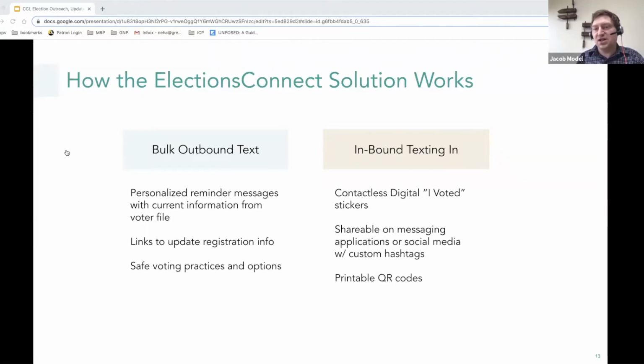And because you're doing this through text message, in order to get this sticker, it's contactless. And you can also customize that in a number of ways, through custom hashtags or other messaging that's aligned with your own outreach to voters. Next slide.